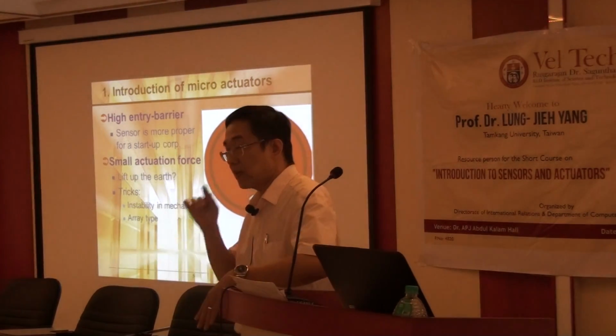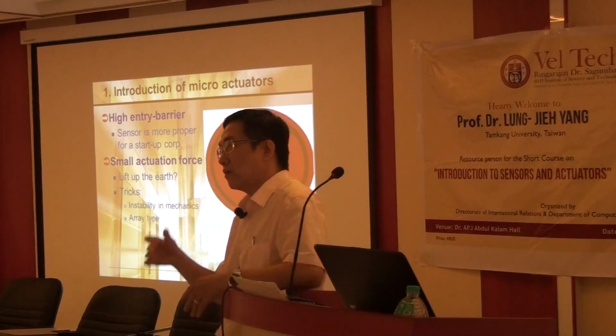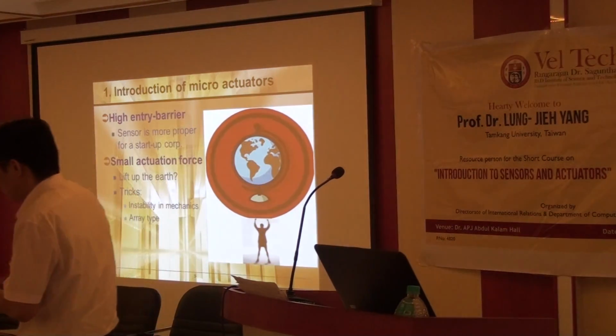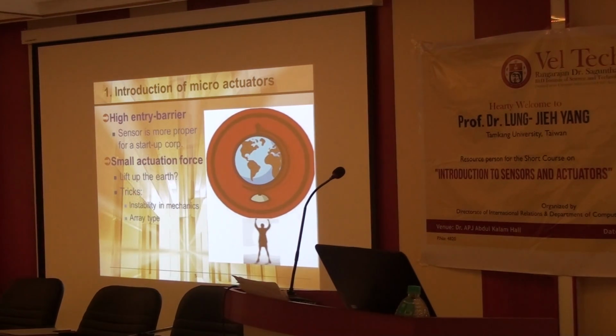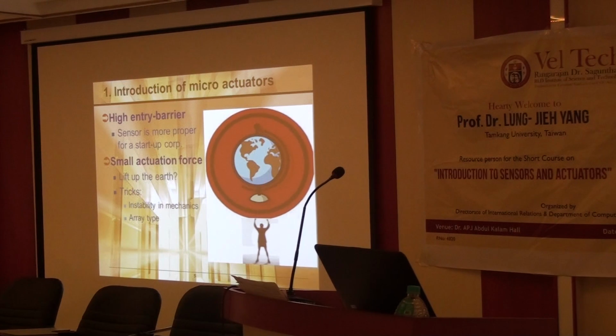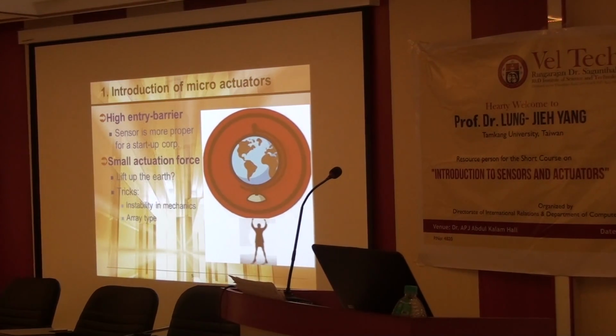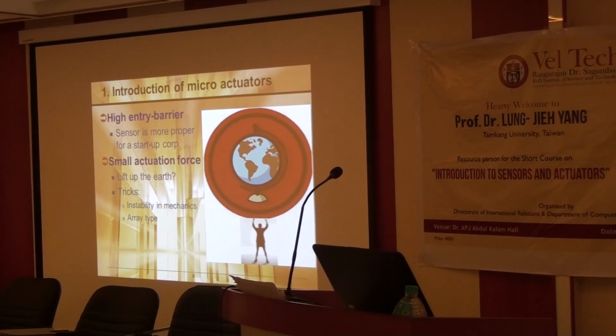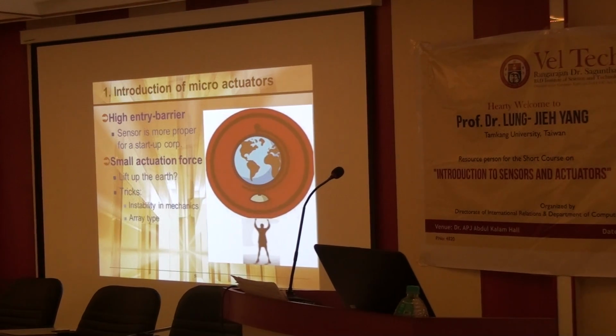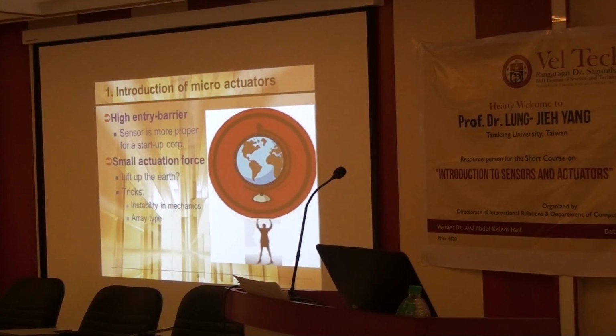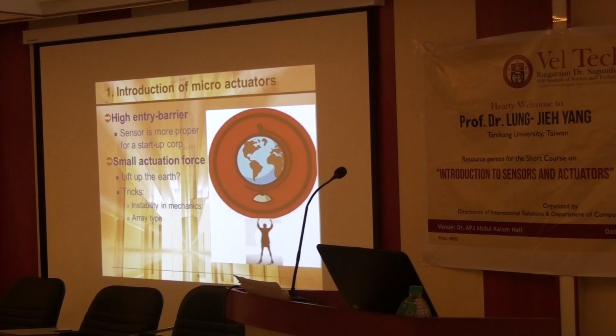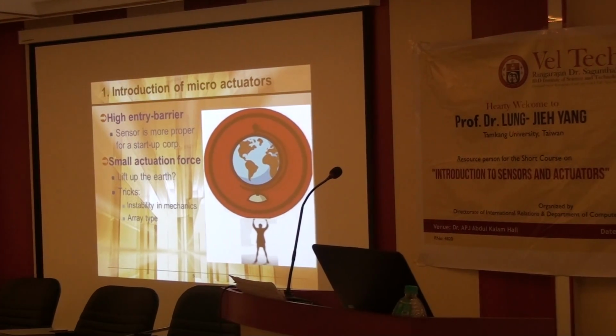In our mass products, I mentioned the micro pressure sensor, accelerometer, thermal sensor, all of them. It's good for our application. But if we look at actuators, the DLP chip is an actuator.